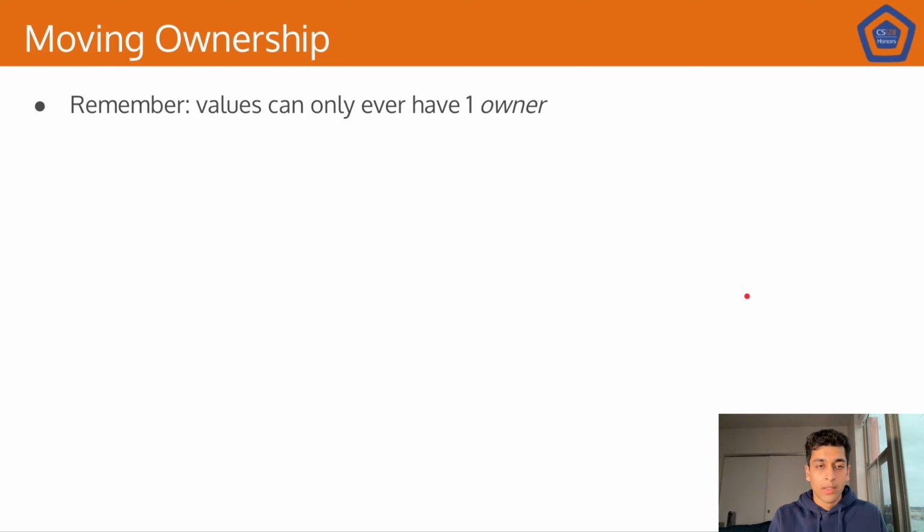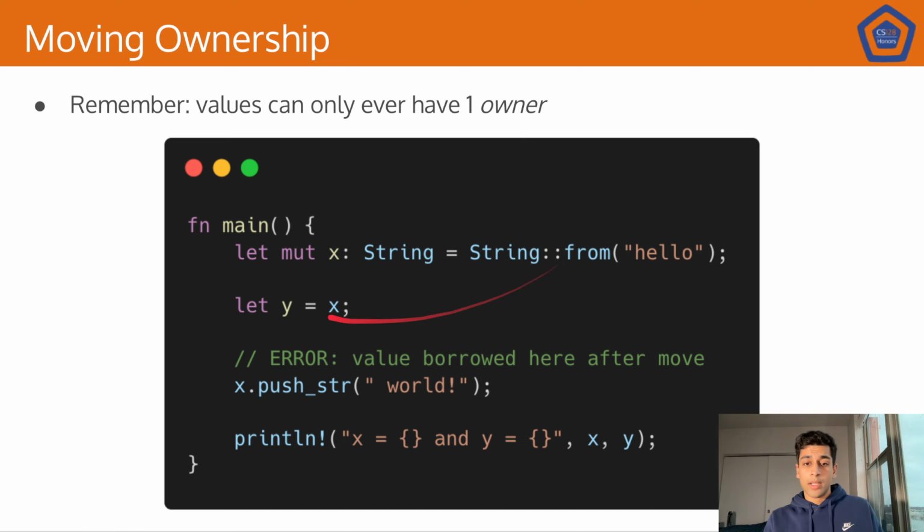Okay, so we were talking about this in a previous slide. Values can only have one owner. And so we're no longer able to use x to refer to that original piece of data if we've moved ownership out of x. We're able to fix this in Rust with this thing called borrowing.